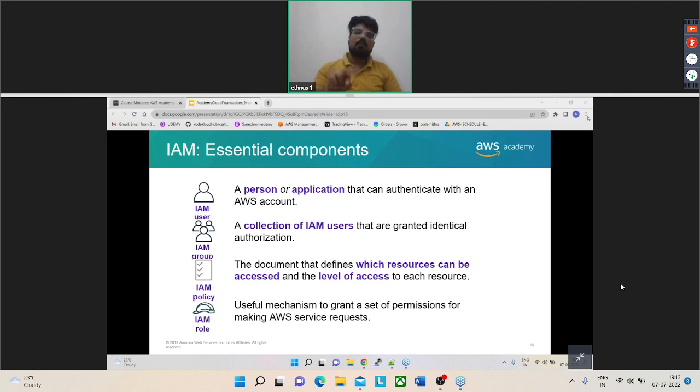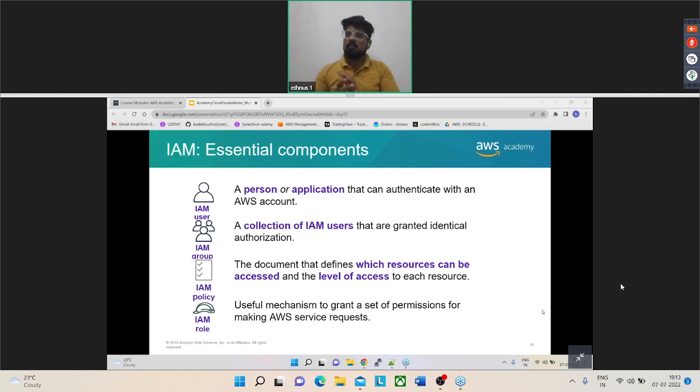Now let's consider the second pillar, IAM group. A collection of IAM users that are granted identical authorization. So an IAM group is a collection of IAM users which have the same kind of permissions.